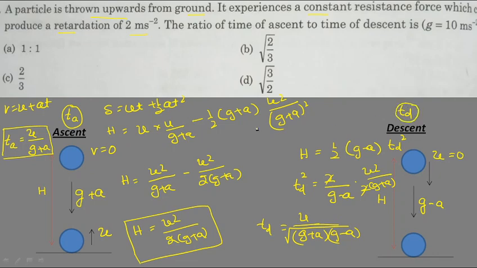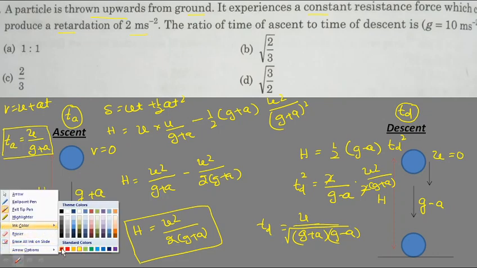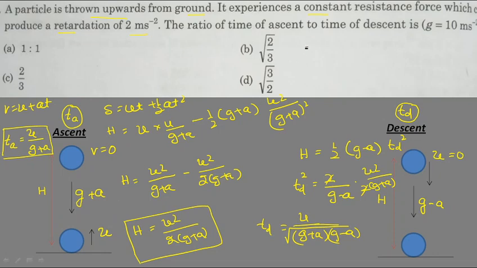Now I have a situation here. I'll put the ratio now. Look at the ratio: time of ascent upon time of descent. This is u upon g plus a divided by the time of descent, so it will be multiplied in the opposite manner, that is root over of g plus a into root over of g minus a divided by u.